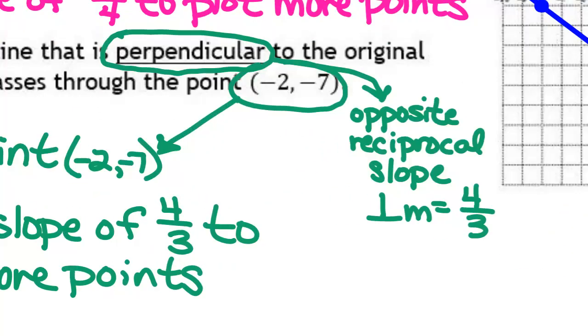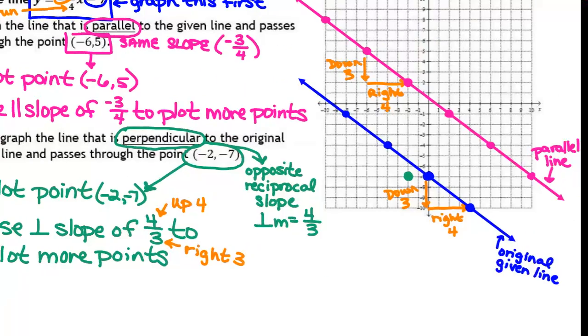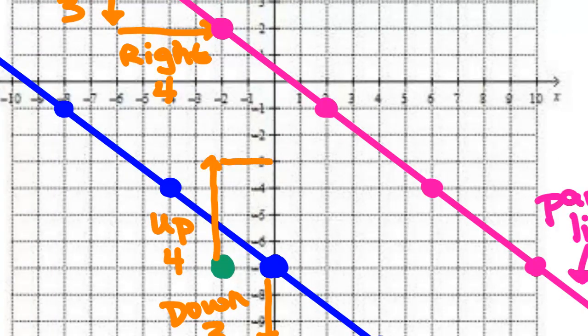So we're going to go up 4 and right 3. So from that point that we plotted, up 4 and right 3.